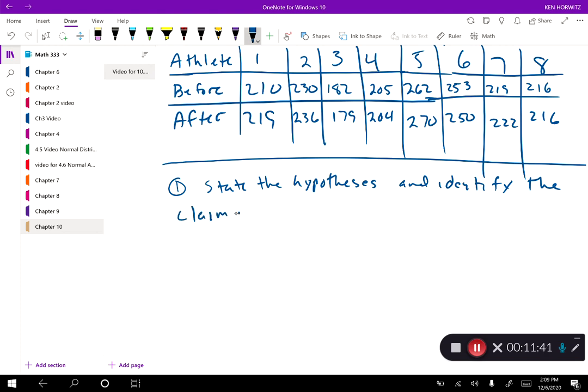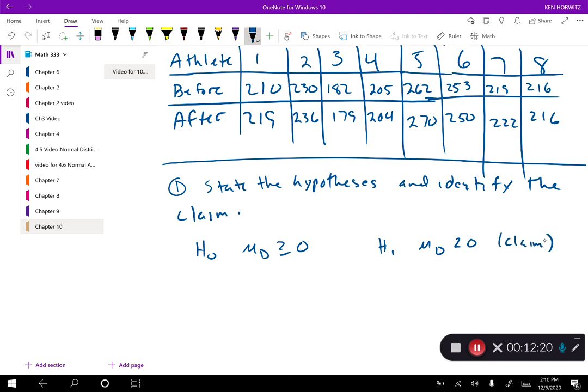All right, so my null hypothesis is going to be that there is no difference, so that would be equals. Just to keep all possibilities open, I'm going to say greater than or equal to 0, because my H1 is that the difference in my means is less than 0. All right, and that's the claim.